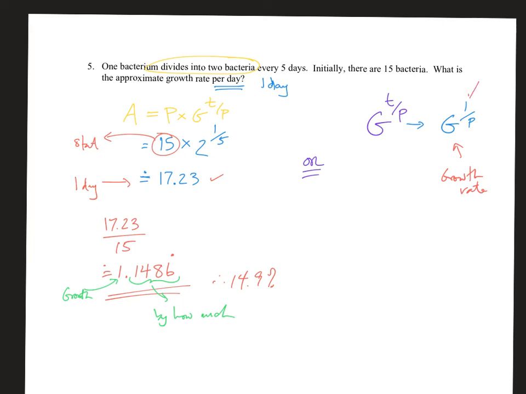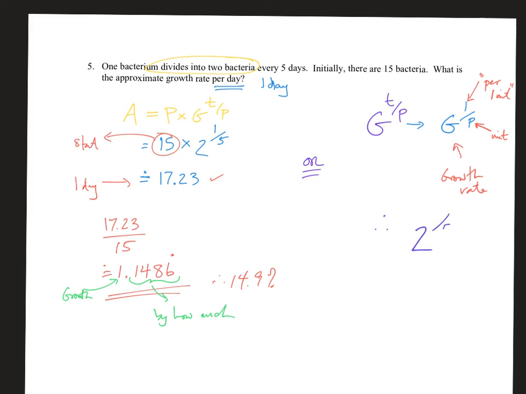Now, I need to be very clear that what that represents is a growth rate. Notice that I've put a 1 in for my elapsed time. So that's what's going to tell me it's my per 1 unit. So whatever units I put my P in for would define my growth rate per unit. And so all I needed to calculate in this problem then was to say that my population is doubling.